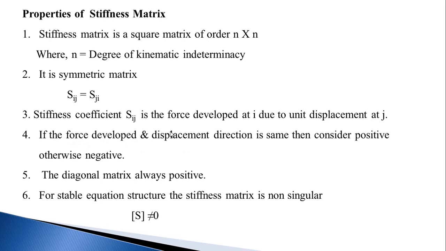If the force developed and the displacement direction are the same, then consider it positive, otherwise negative. This is the most important property, you should understand it. Means if both the displacement and force directions are the same, then it is positive, otherwise it will be negative. The diagonal terms are always positive. And the last one, for a stable structure, the stiffness matrix is non-singular, that is, the determinant of S is not equal to 0.